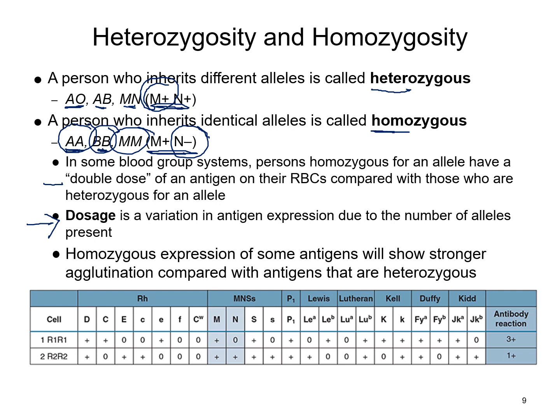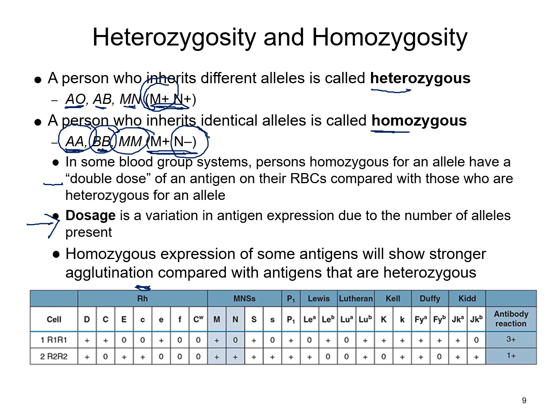Your antigrams, which we discussed in previous lectures, give you an idea of which ones are inherited together. So we have our M, N, and S system, and we will talk about each of these blood group systems individually in later lectures.